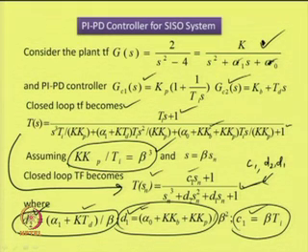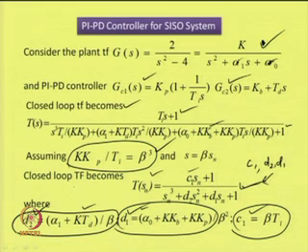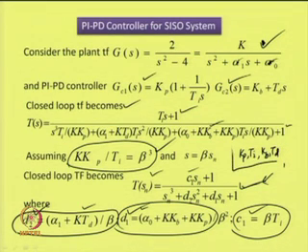The 4 encircled expressions can be used to estimate the controller parameters K_p, T_I, K_b and T_D. These are the 4 unknowns in the controllers.